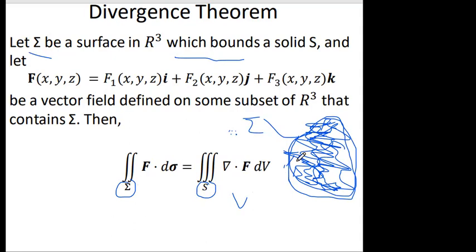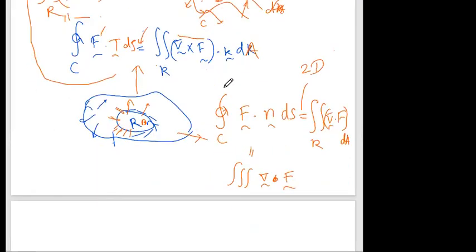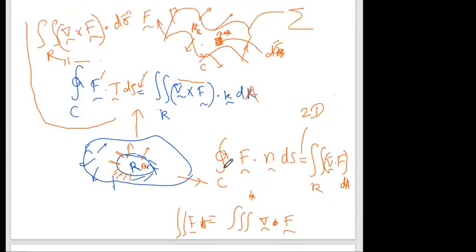So the flux across this boundary is equal to this triple integral. Yeah, same thing here. So this time, not this one: the double integral of F dot d sigma. Yeah, this is the connection.